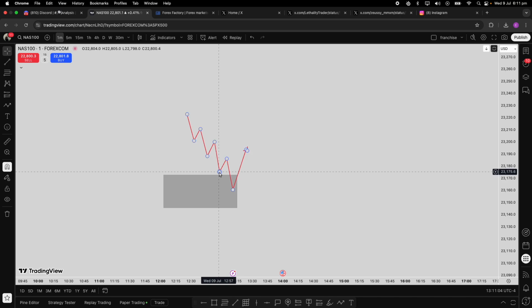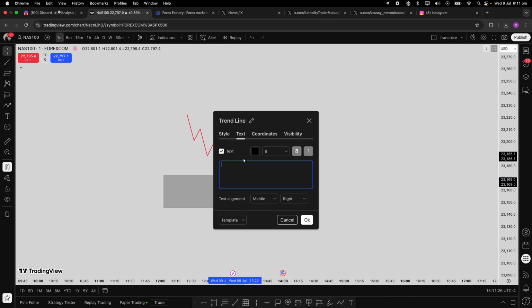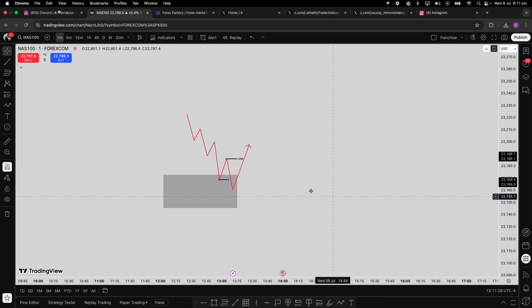I want that low to be a little bit lower so it looks a bit nicer. We get turtle soup, and we then get a CSD. Okay, it's not really needed, but well, it is needed, because I'm thinking too long term. So let's say we get turtle soup, we get a CSD. This is the classic 2022 model.